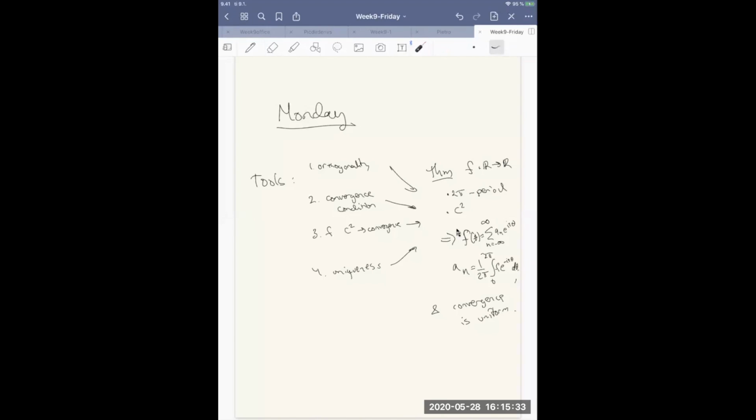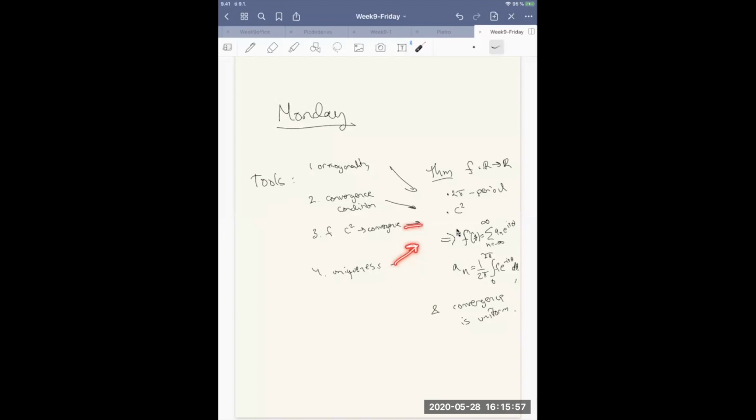Specifically on Monday, now let's look at what we have done so far. We have presented orthogonality. We've shown that if the coefficients decay fast enough, we converge. We've given a condition that gives you coefficients converging fast enough. Now, the last part that we will need is some form of uniqueness.